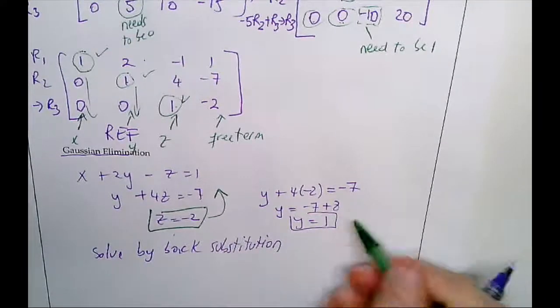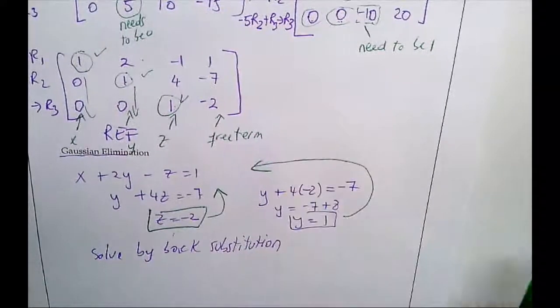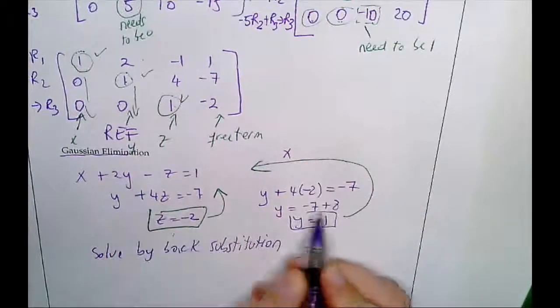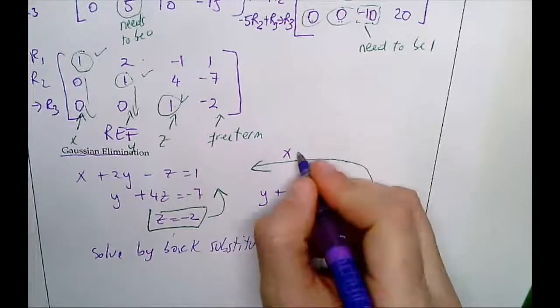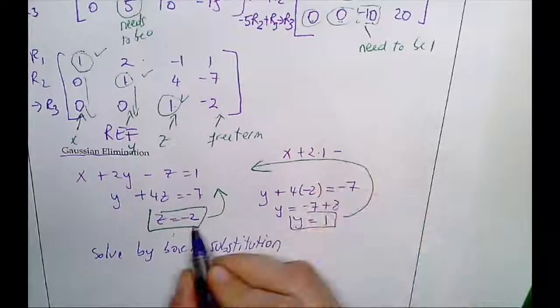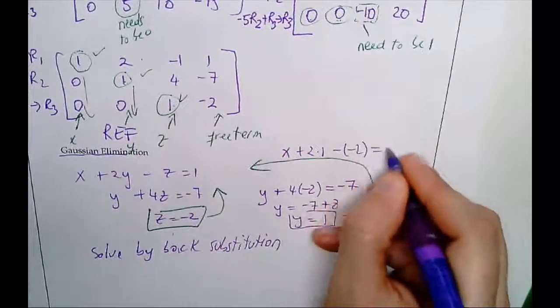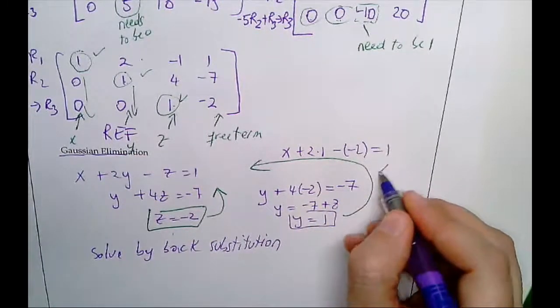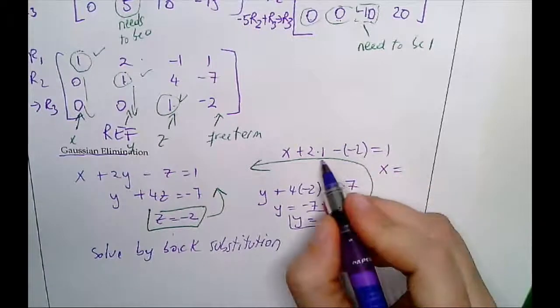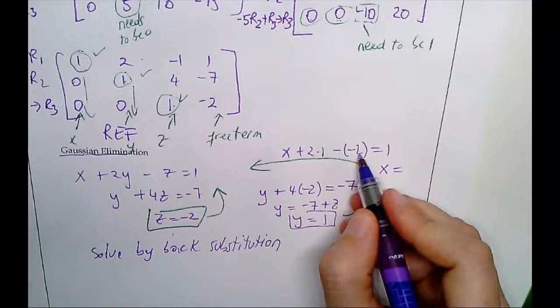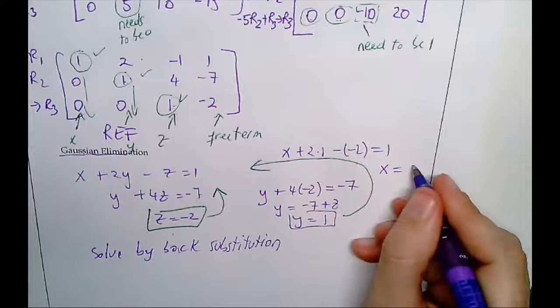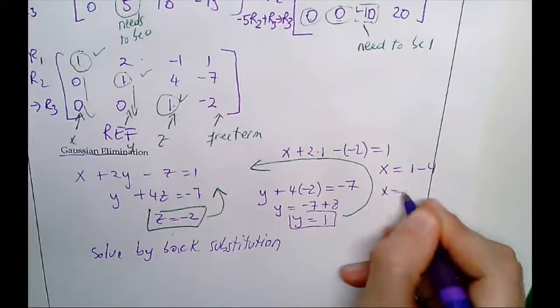And then I'm going to go back to the first equation. Instead of y, I put 1, so it's x plus 2 times 1 minus z, which is negative 2. So this is going to give me my x. X equals 1 minus 4, so x is negative 3.